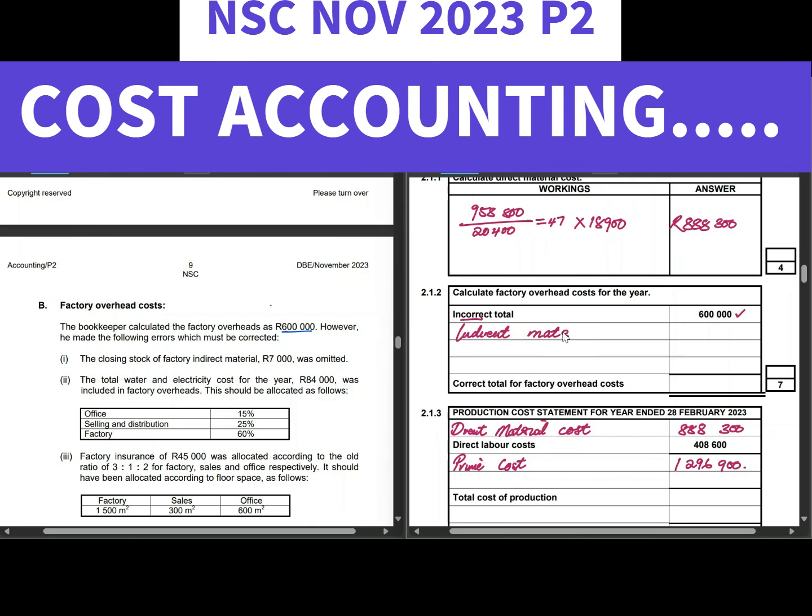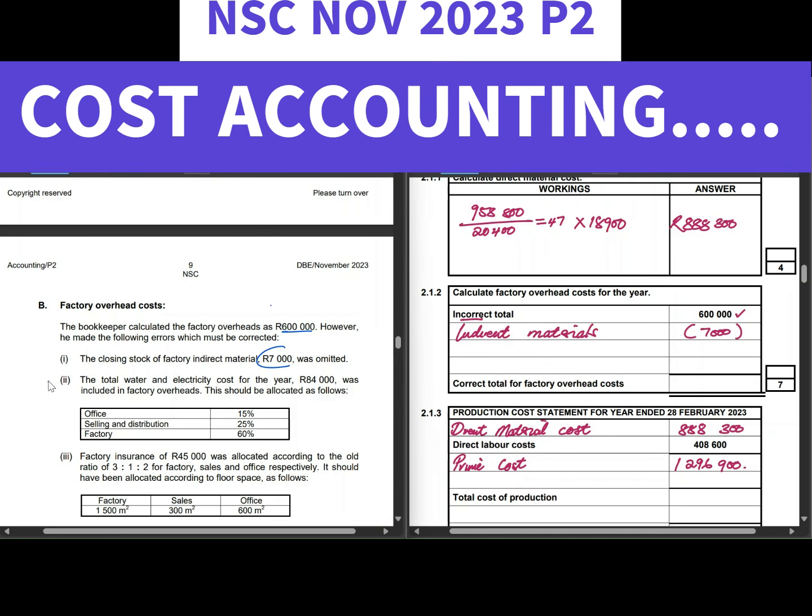This is closing stock, and we know that when we are dealing with closing stock, it must be subtracted. So there is a 7,000 which was not subtracted. So I'll say minus 7,000.